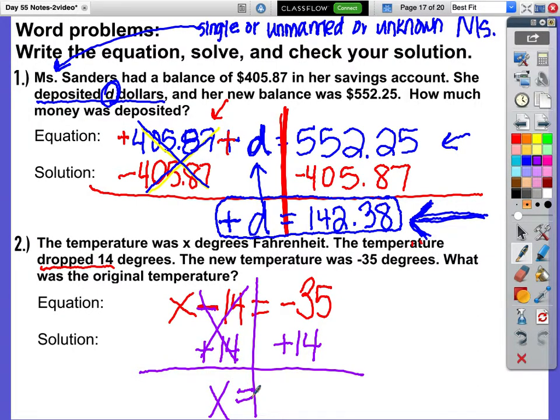Don't ever forget your equal sign. It's so important. And then on the right side, we have negative 35 plus 14. Do it on your calculator. And that gives you negative 21. That's not the answer because x equals negative 21 is your answer. So that means the original temperature, where we started the day, was negative 21 degrees.